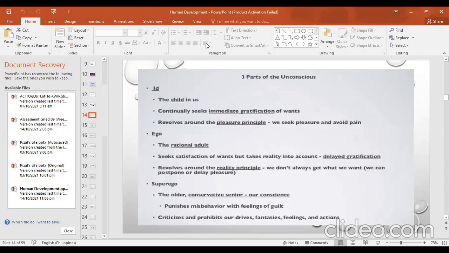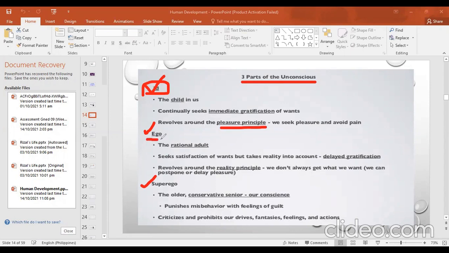So, according to Sigmund Freud, meron tayong tinatawag na three parts of the unconscious. Diniscuss din natin ito nung topic number 1 natin. We have the id, ego, and superego. Again, when we talk about the id, it has something to do with pleasure principle. Yung mga wants natin, yung mga desires natin. Unconsciously, no? Ito yung kumbaga urge natin bilang isang tao.